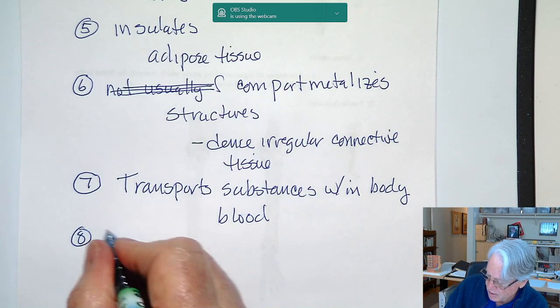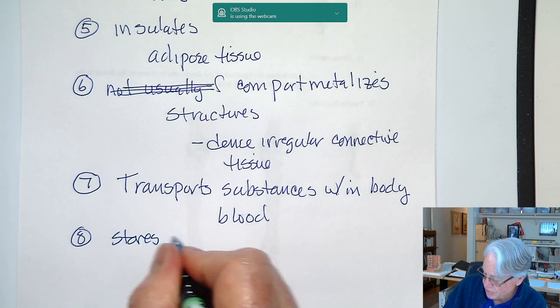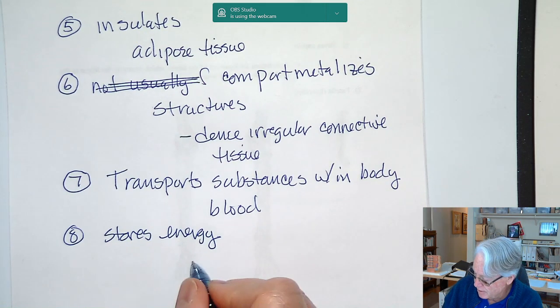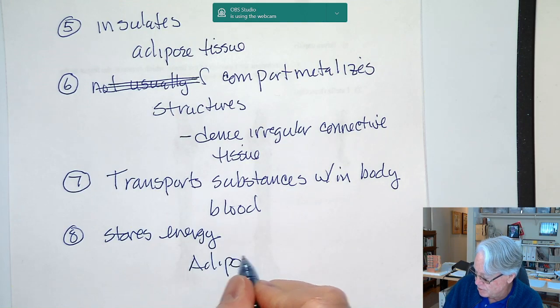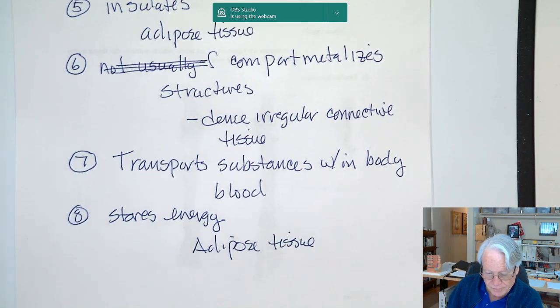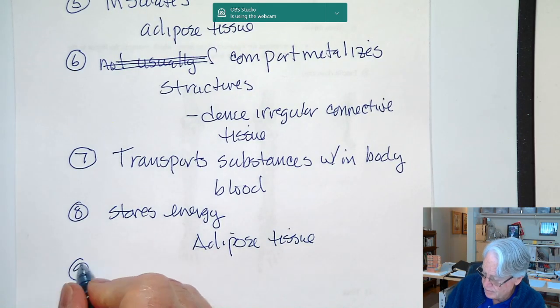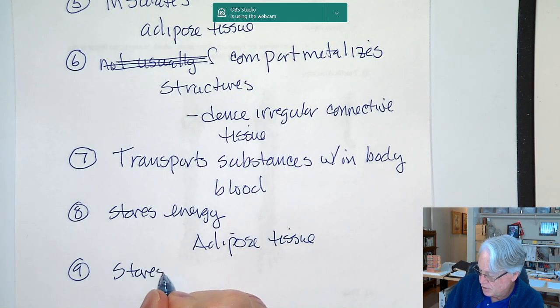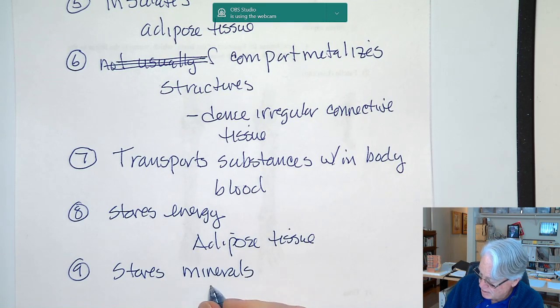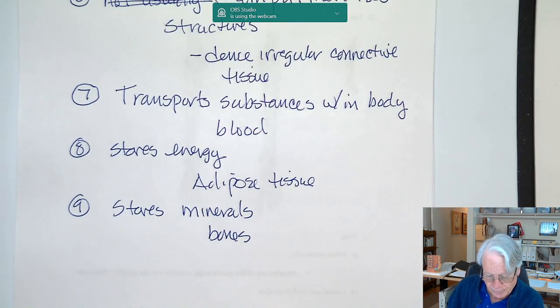Number 8, stores energy. And again, we can talk about adipose tissue. Number 9, stores minerals. And bones are a good example of that.